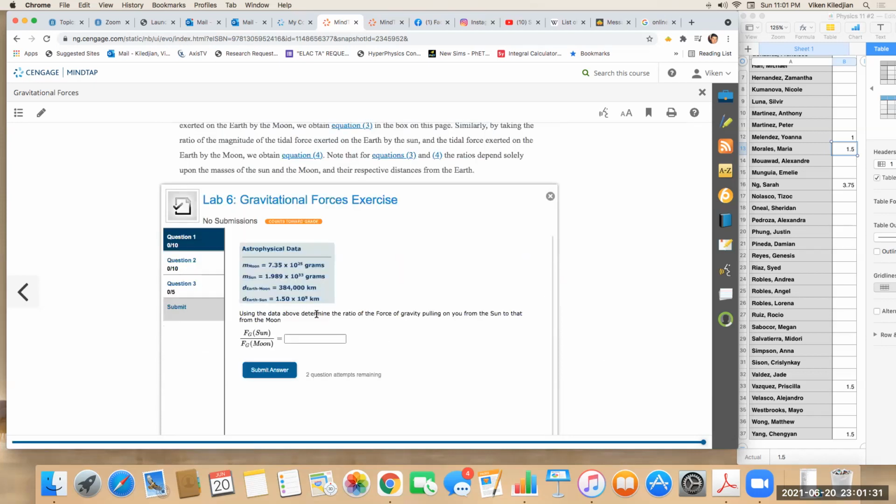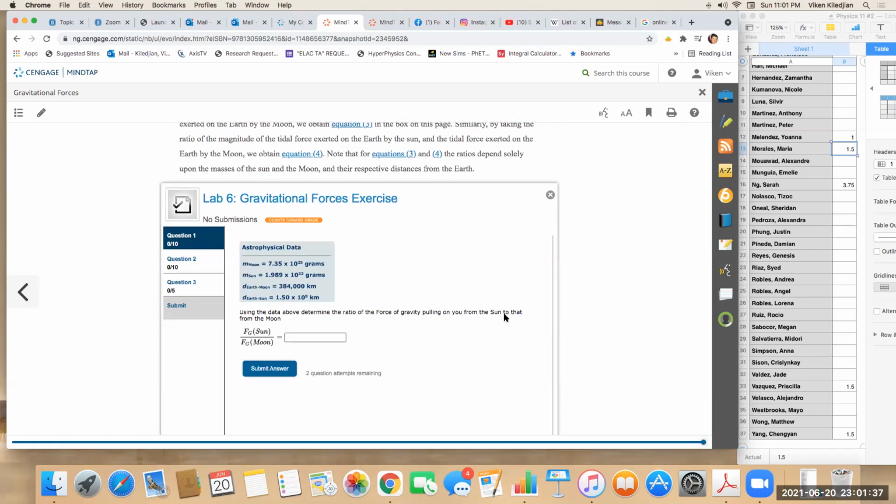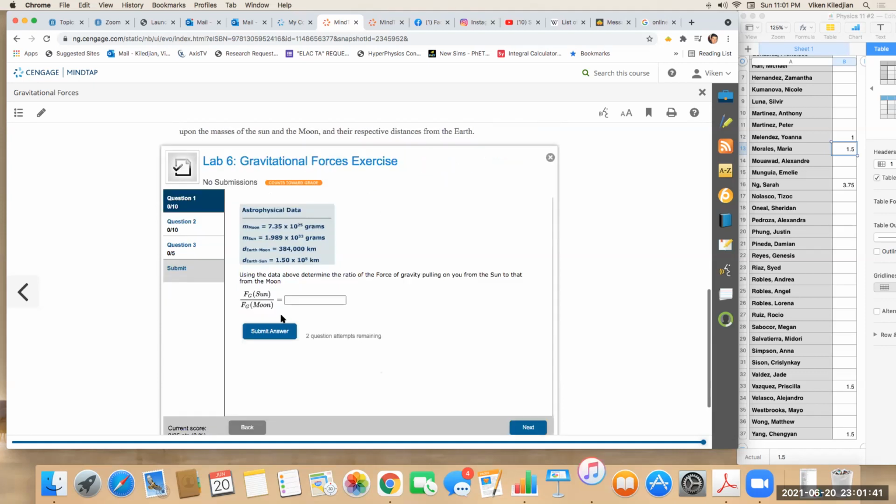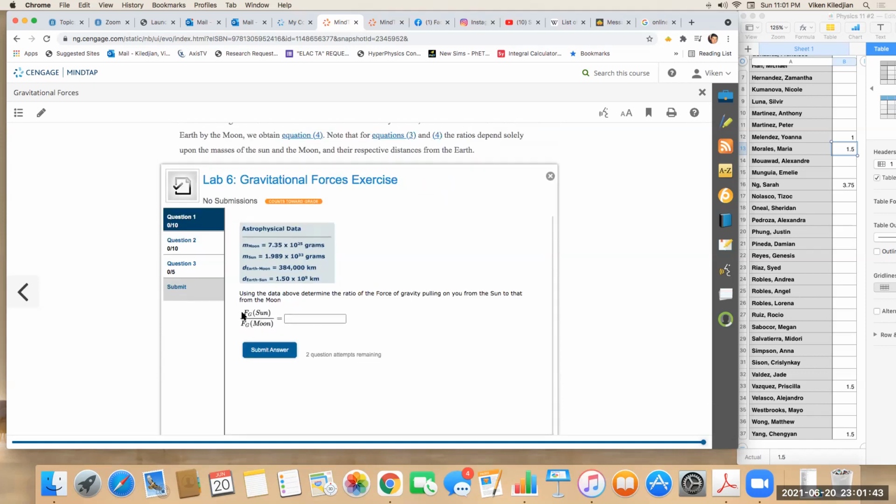Okay, using the data above, determine the ratio of the force of gravity pulling on you from the sun to that from the moon. Okay, so they're saying here the force of gravity of the sun. They're giving you the distance of the Earth to the moon, the distance of the Earth to the sun, the mass of the sun, and the mass of the moon.